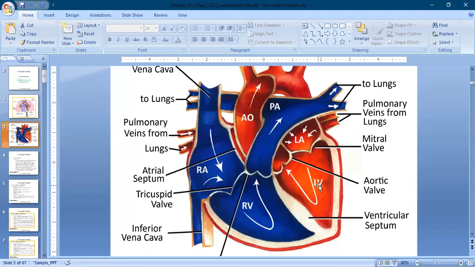This type of defect is called ventricular septal defect. Another problem: blood is supposed to go from the right ventricle through the pulmonary trunk to the lungs.